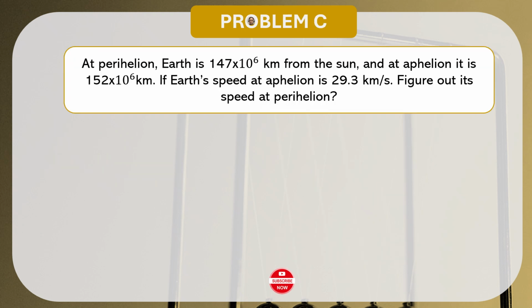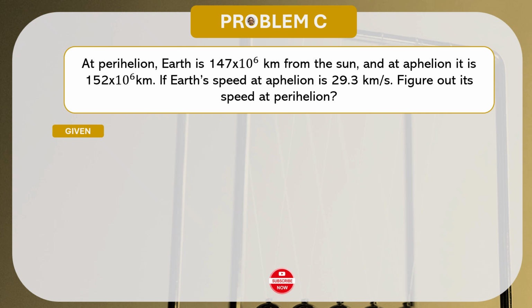I have here the last problem. It's problem C. At perihelion, Earth is 147 times 10 raised to 6 kilometers from the sun. Perihelion, that's near the sun. Okay. And at aphelion, it is 152 times 10 raised to 6 kilometers.